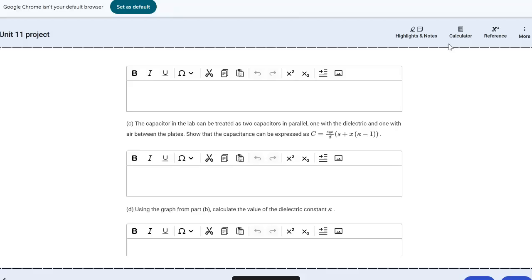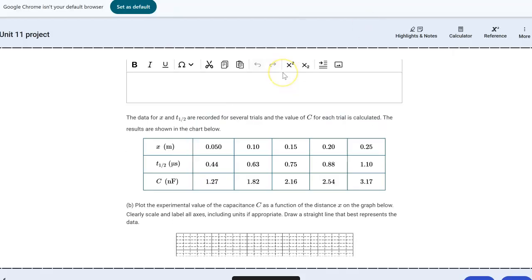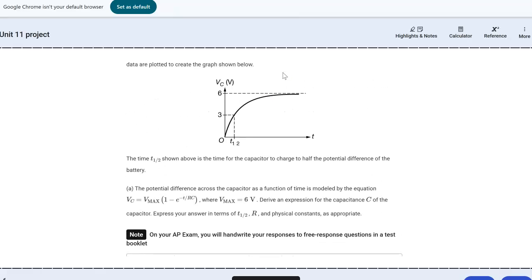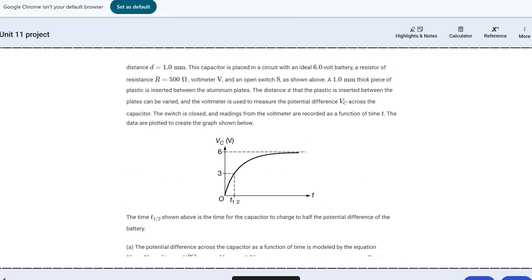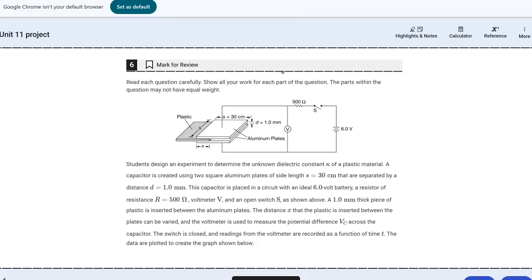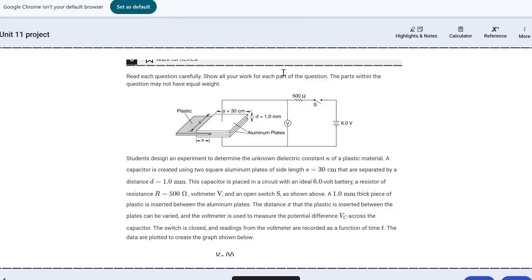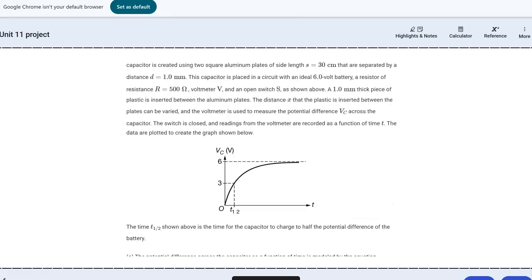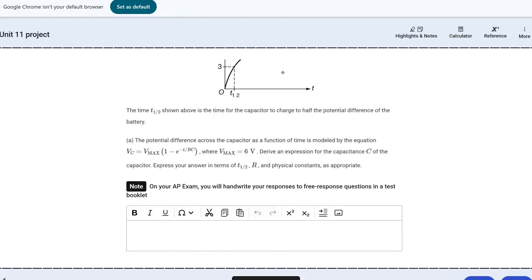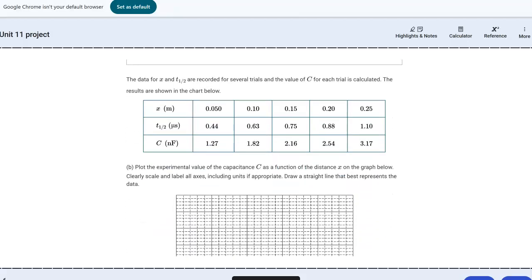I'm just rereading this. Two capacitors. Okay, I got it.